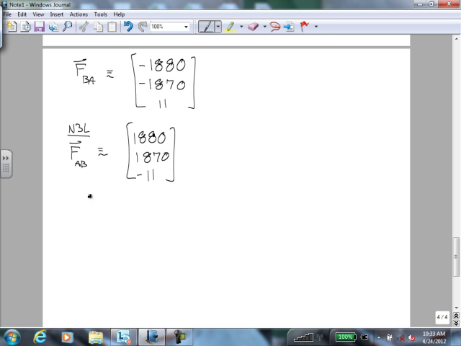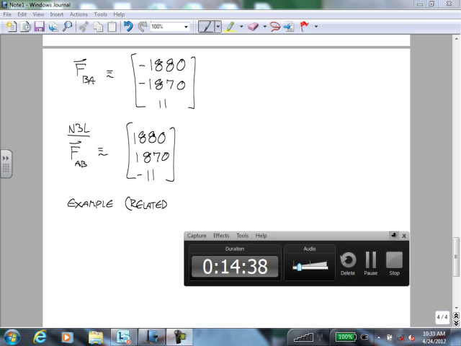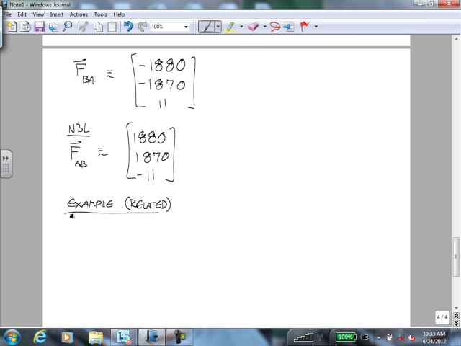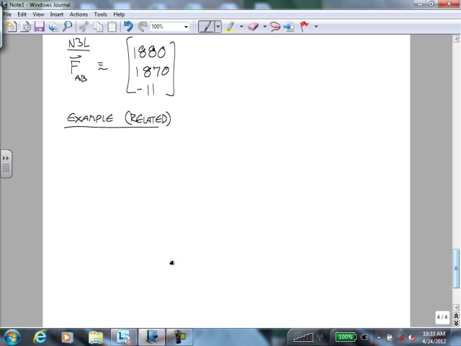So say that you have this same plate oriented the same way.